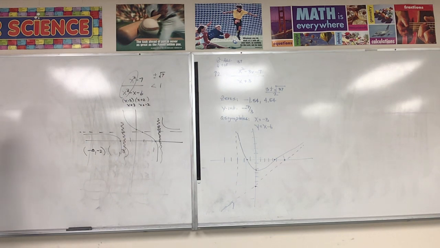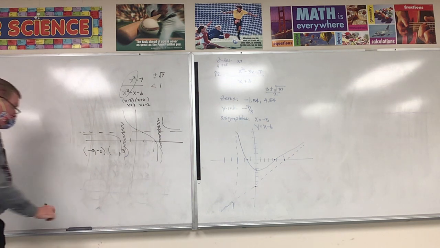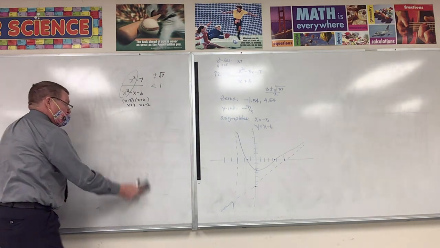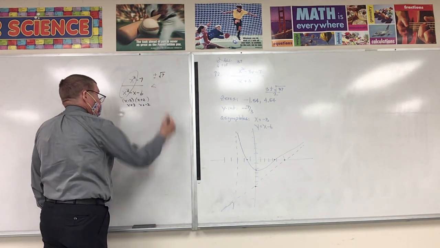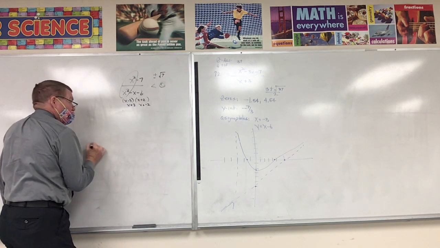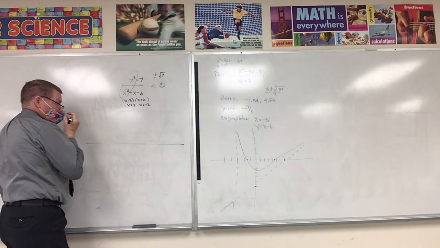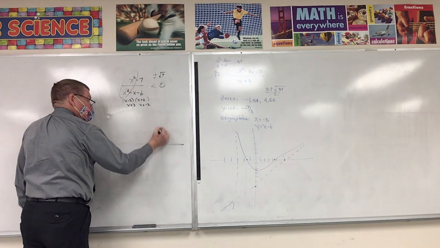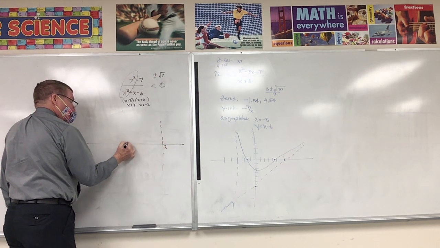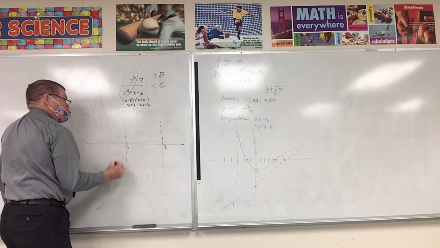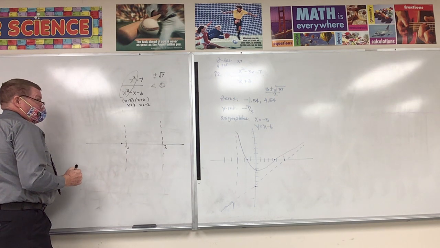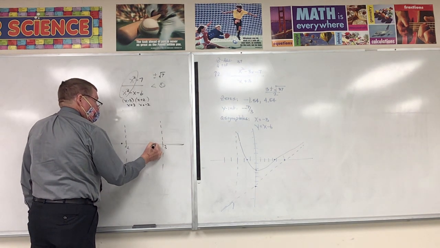All right, so let's change this a little bit. I won't be testing you on that. Let's do this here: less than zero. I just want you to do the sign chart. So I have 3, I have negative 2, I have negative 2.7, somewhere between 2 and 3.